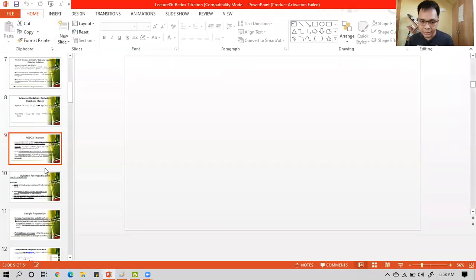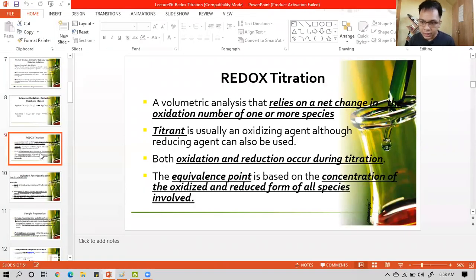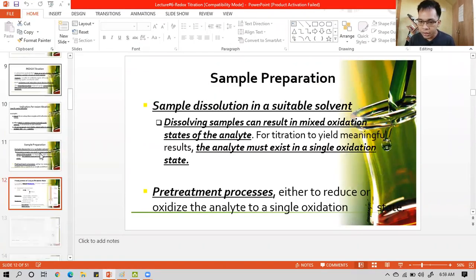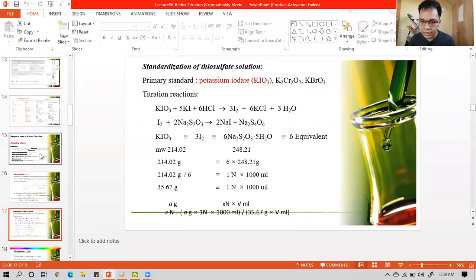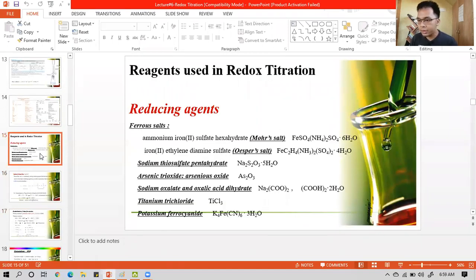In this discussion, guys, ang magiging discussion natin is the reagents used in the redox titration: the titrant itself used for the analysis, the reducing agents and the oxidizing agents, and their corresponding indicators.